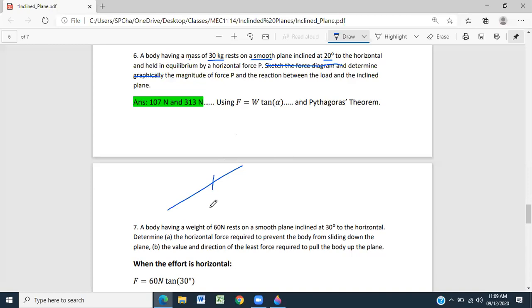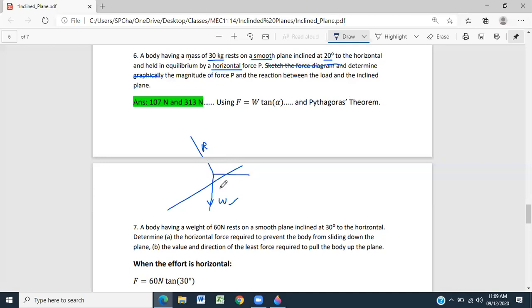So they give us the mass and we can find that. Let's call it W. So we know W, right? And they want us to find graphically, of course, the reaction R and the force P. And the force P moves horizontally, like this.